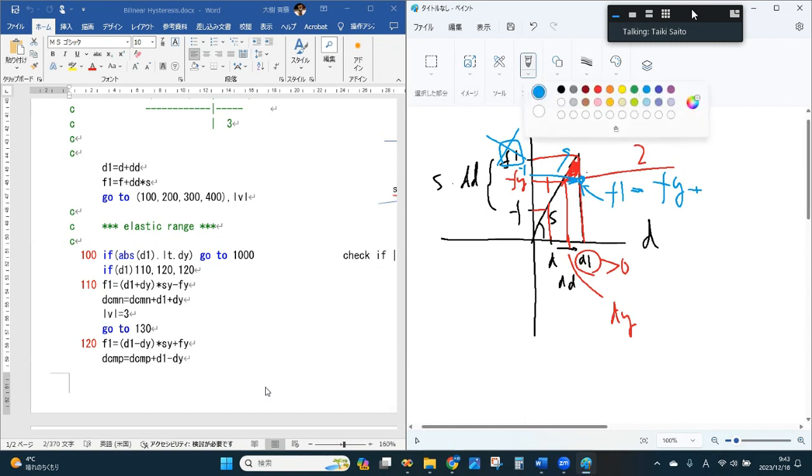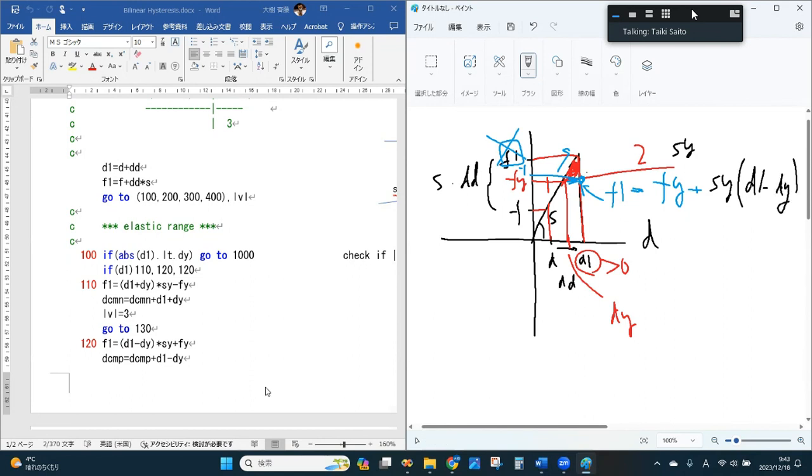This slope is Sy, the second slope, multiplied by D1 minus Dy. Understand? I'm talking about this deformation. This deformation is D1 minus Dy. Multiply this second slope, and it will be the new force.